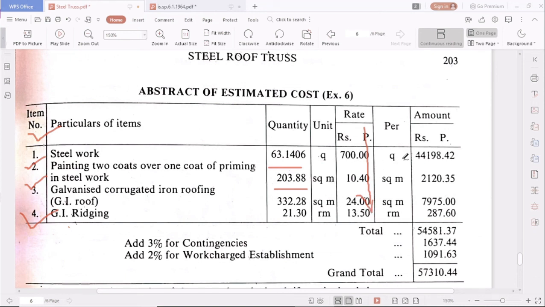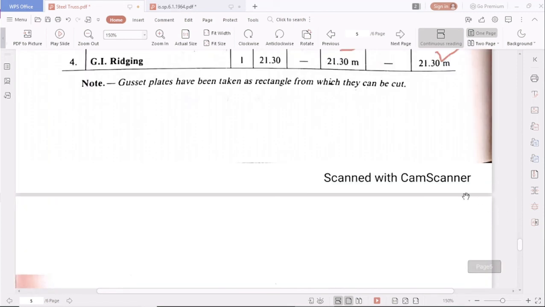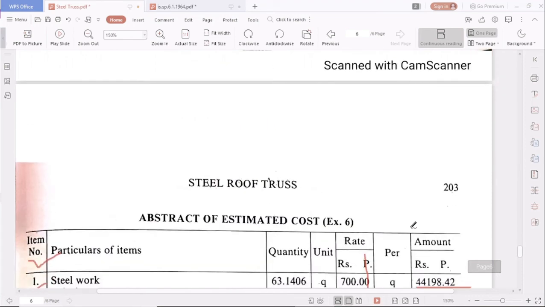So the amounts for steel work, painting, GI roof and ridging give a total of 54,581.37 rupees. To this we add 5% as contingencies.